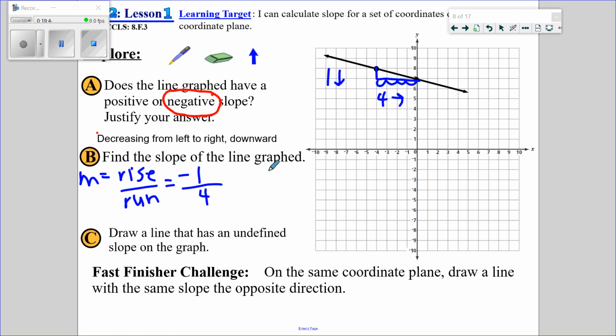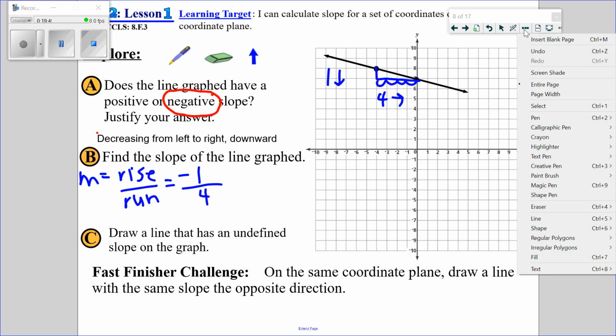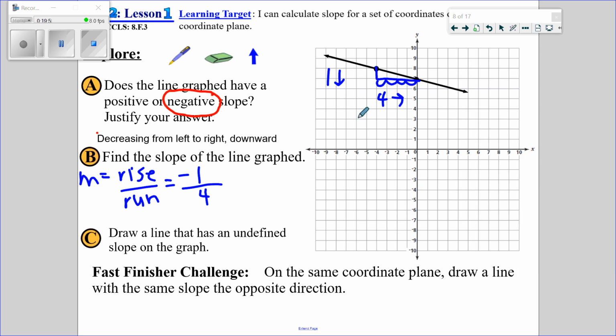So now they're asking us to draw an undefined slope. And an undefined slope is a vertical line. So I'm going to write that down for ourselves so we know: vertical line. So here we go.